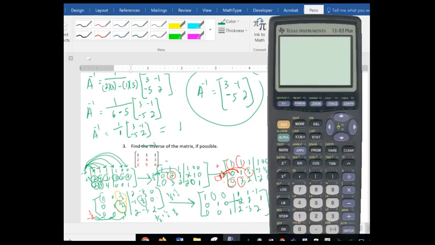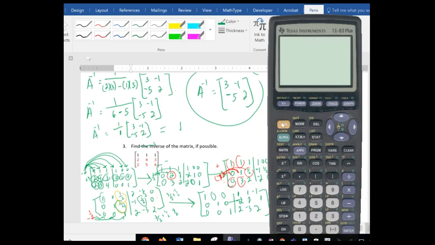So if we want to put this in the calculator, I'm going to press edit. So this is a 3 by 3. The numbers are 1, 1, 1, 2, 4, 3, 2, 5, and 4.